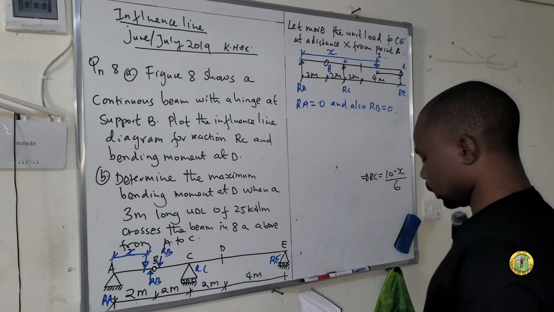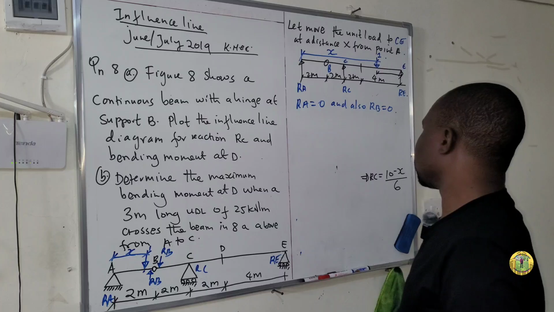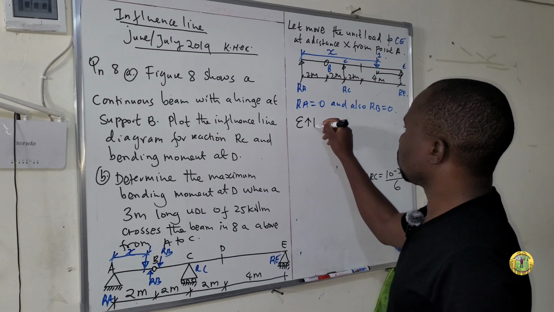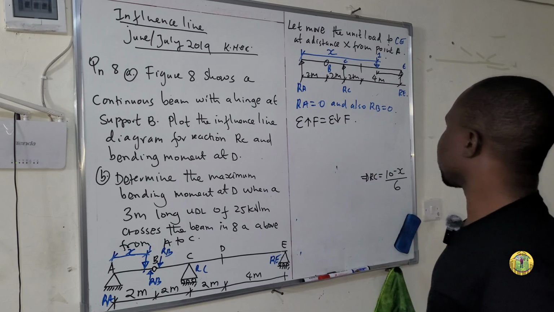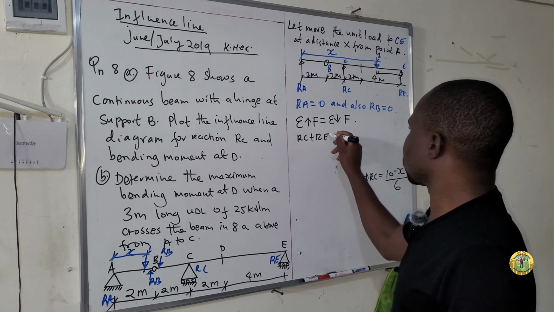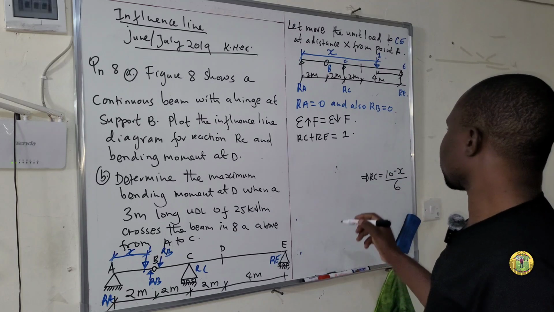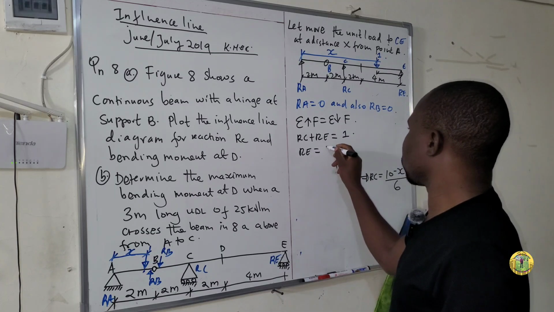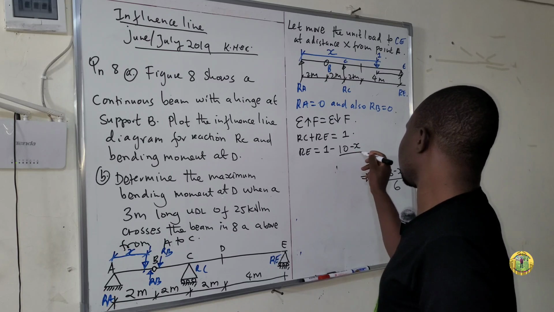So we know that summation of upward forces is equal to summation of downward forces. So the upward forces is RC plus RE, which is equal to 1. So RC, we already have RC, so it means RE is equal to 1 minus RC, which is 10 minus x all over 6.